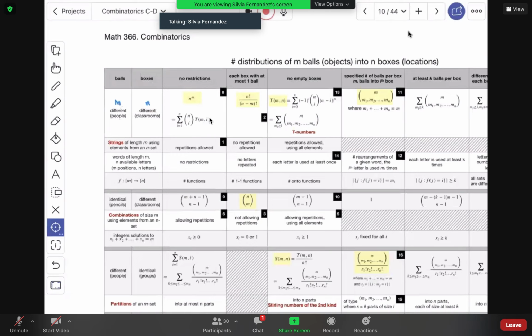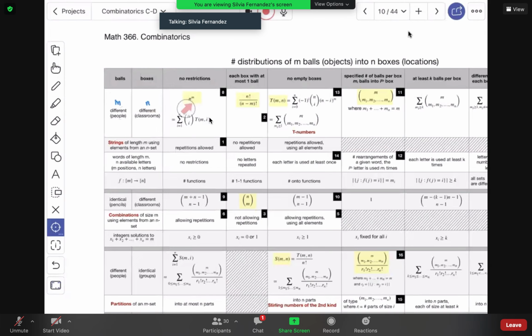So your boxes are the letters. And now you want to use exactly 10 letters. Some boxes can be empty. And the total number of letters that you use is 10. So that goes with this application of this number.